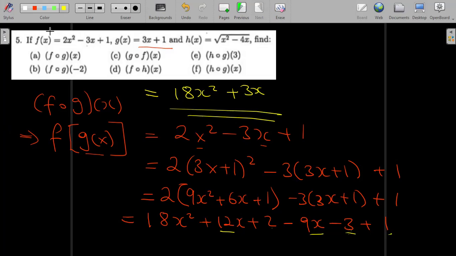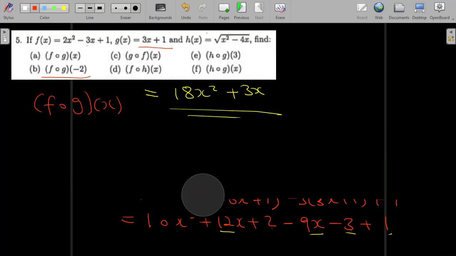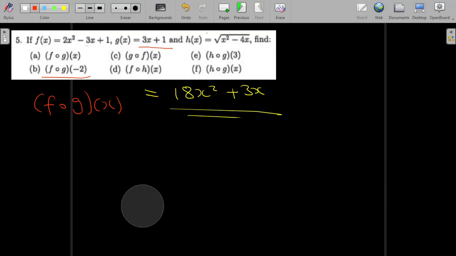Okay, B then demands me to evaluate at x, and now I have a value. The value of x is negative 2. So how do I do that? This function that I just found is not going anywhere; I have to work with that.